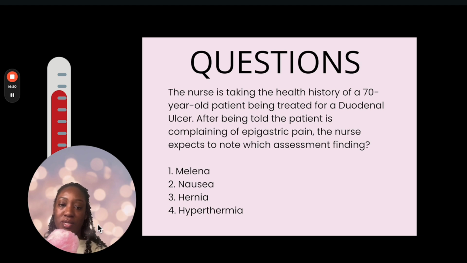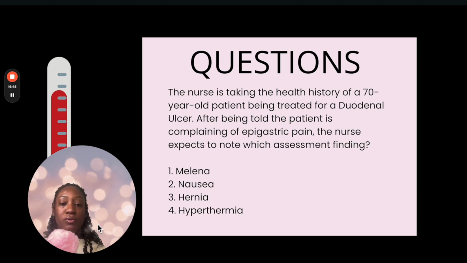Eliminate the ones that are not it. Okay, so the patient is complaining of epigastric pain. What assessment finding would you find for somebody that's being treated for a duodenal ulcer?